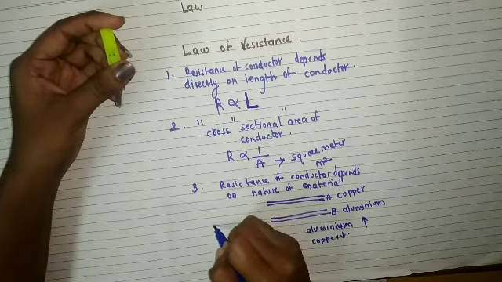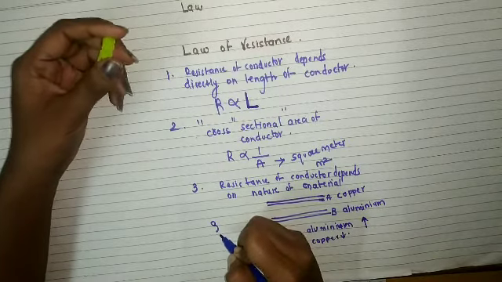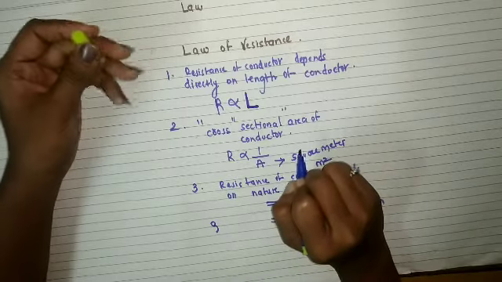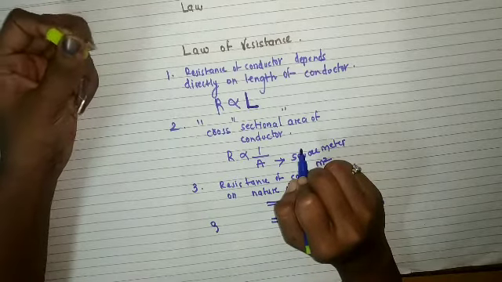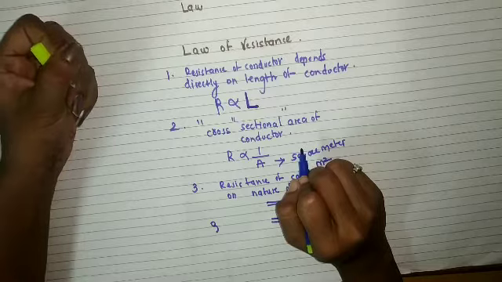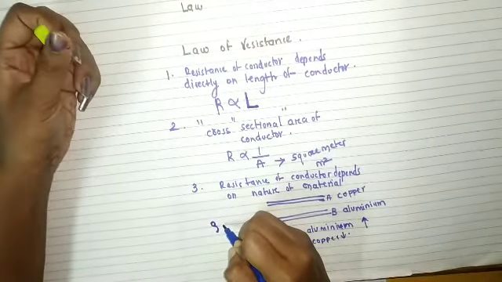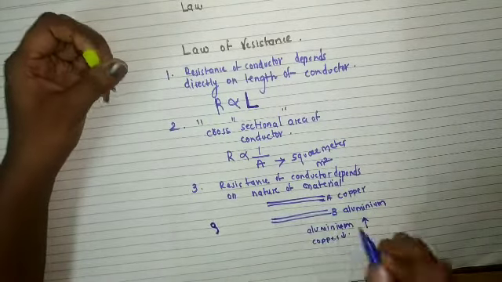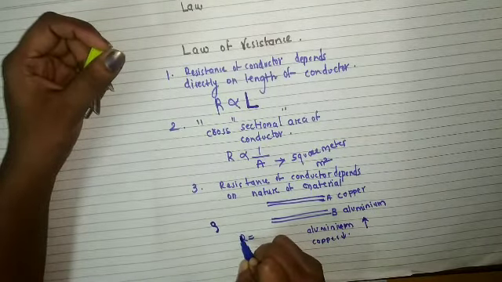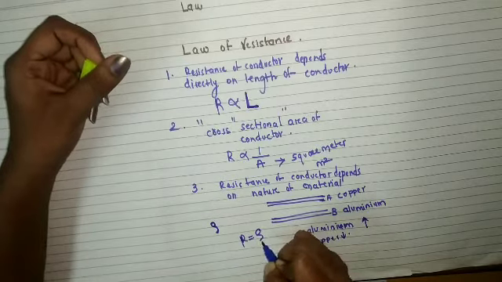This is the symbol rho. It is a constant whose value depends on the nature of material. This is the resistivity. So resistance is directly proportional to rho.